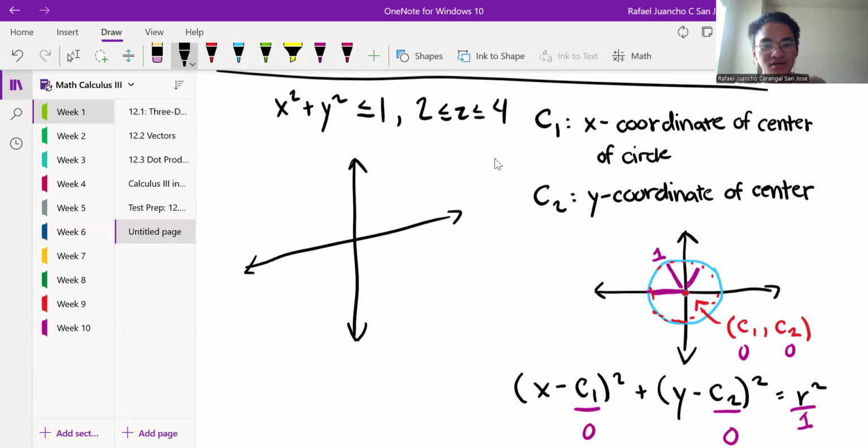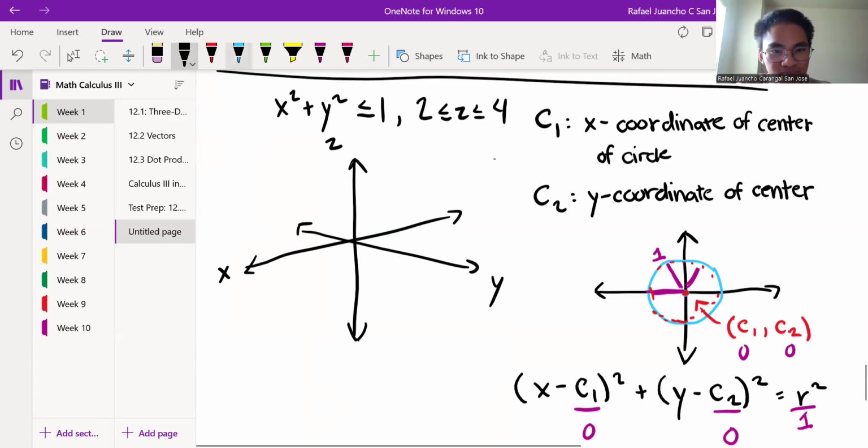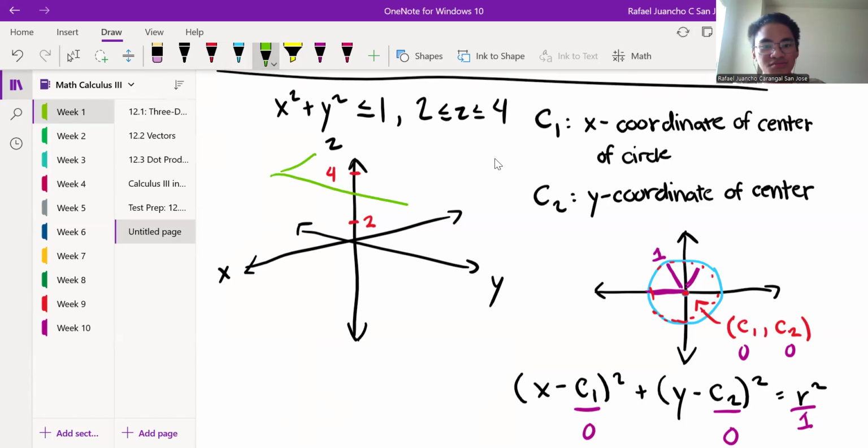So if we do our XYZ space again, what is z? Z could be 2, or z could be 4. So it could be this plane, or it could be this plane. I can't draw it, but you get the idea. It's all the possible points as long as z is 4, or as long as z is 2, or z could be 3.